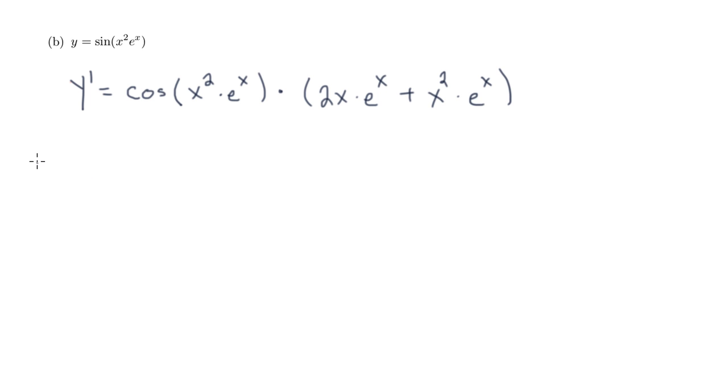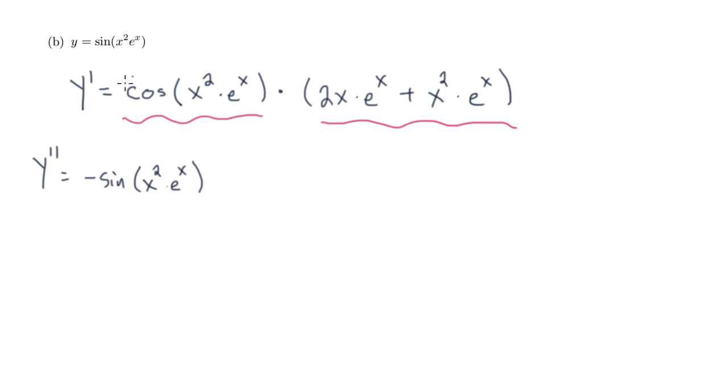So I want to take the second derivative, so the derivative of the derivative. So let's be careful here. I'm going to notice that actually here I have a product of two functions. This function times this function. So let's use the product rule. So this should be the derivative of the first function, which is minus sine x squared times e to the x.